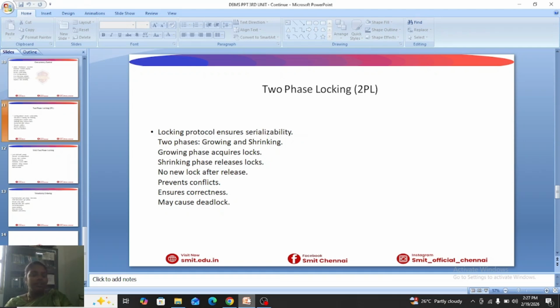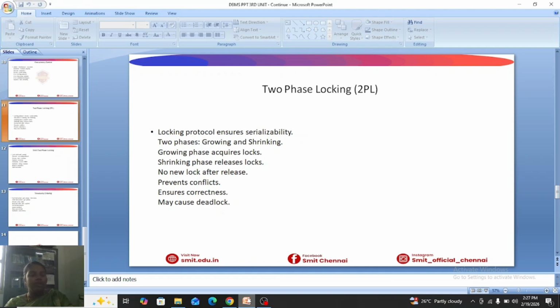Basic concept of lock: shared lock, that is S lock, for read, and exclusive lock, that is X lock, for write. The rules are: many transactions can hold a shared lock simultaneously. An exclusive lock is allowed only if no other lock exists at that time.